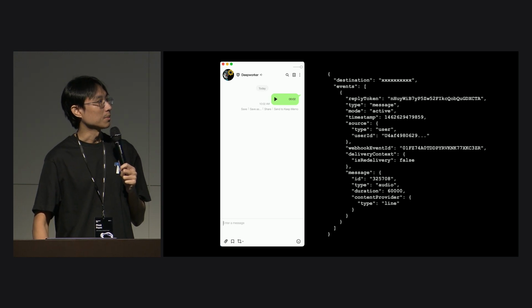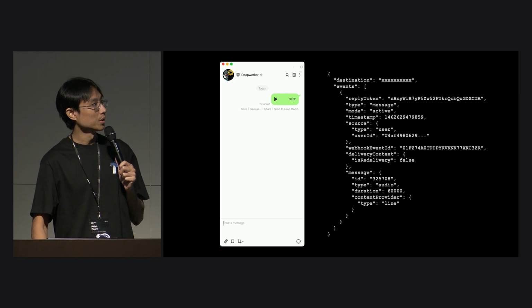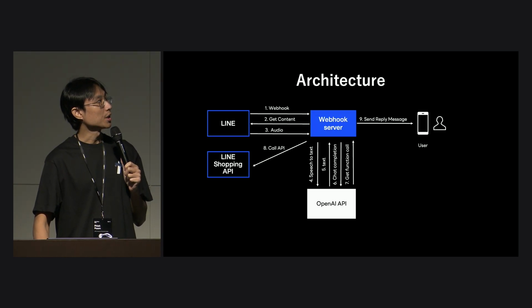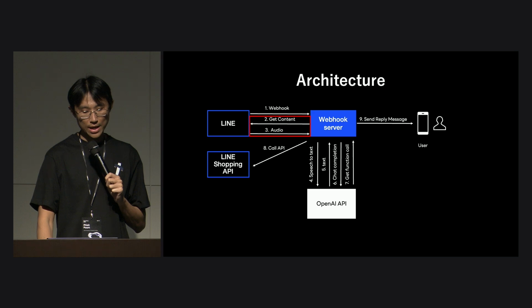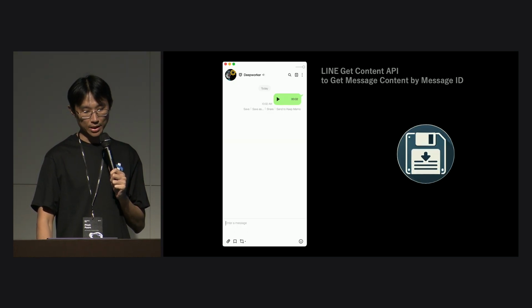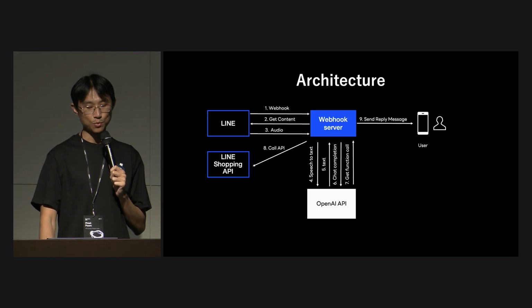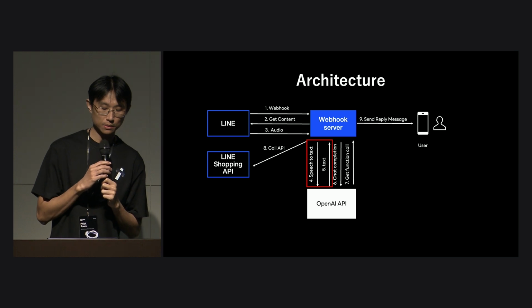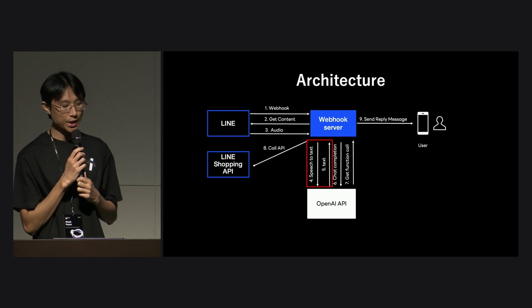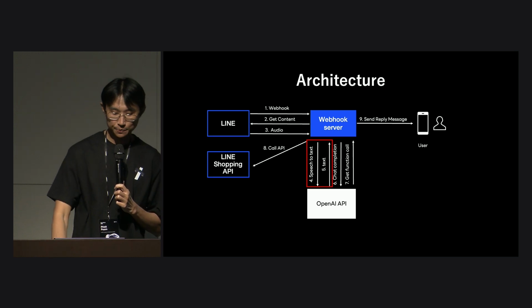We get the message ID that contains the type of audio, and then we have to call another API called the get content API, something like this, to get the file and save it to our local disk. After that, we use the speech to text API from OpenAI.